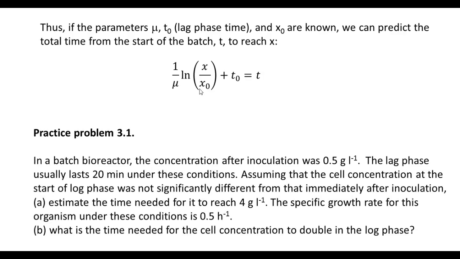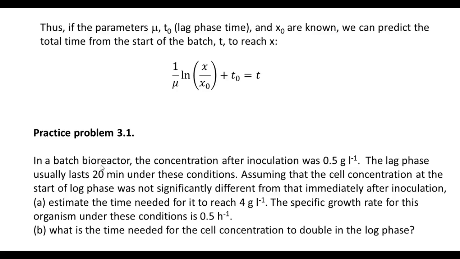Having said this, let me assign this problem here. We will continue and do a little bit more in this lecture itself for completeness, but I'd like you to work this out at the end of this lecture to get some practice in the batch bioreactor analysis.